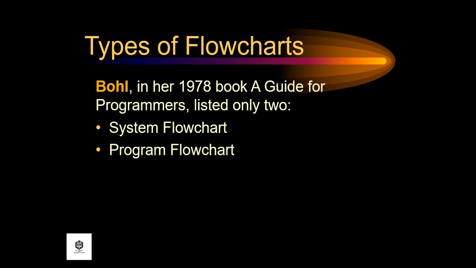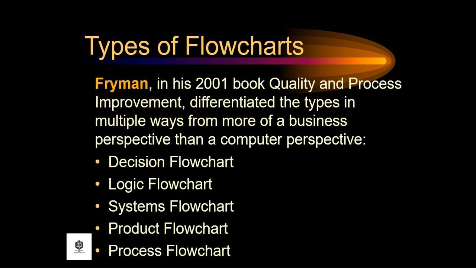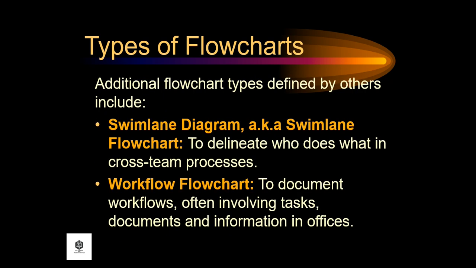While Bolt, in her 1978 book A Guide for Programmers, listed only two, the system flowchart and the program flowchart. While Fryman, in his 2001 book Quality and Process Improvement, differentiated the types in multiple ways from more of a business perspective than a computer perspective, such as decision flowchart, logic flowchart, system flowchart, product flowchart, process flowchart.